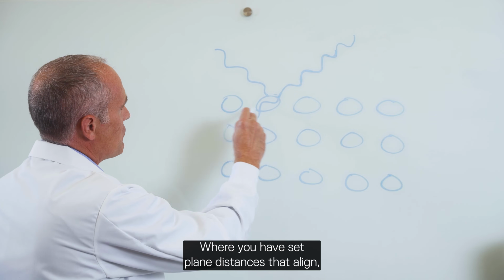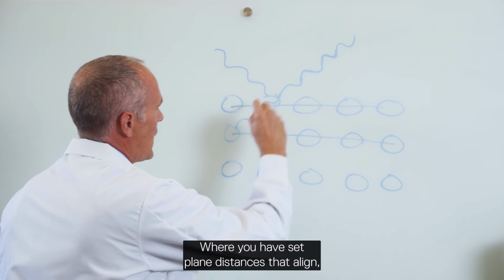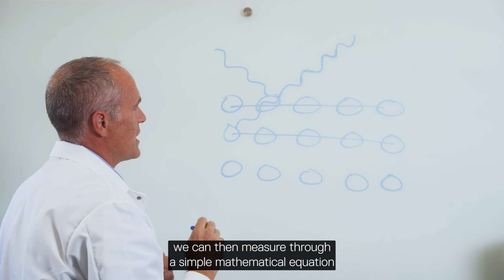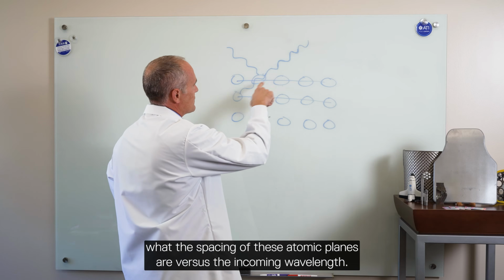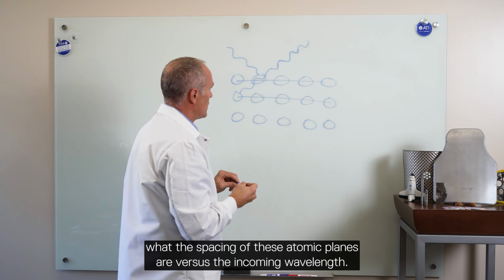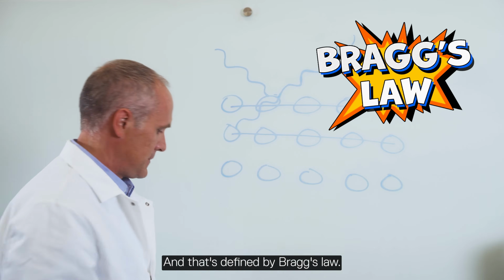So where you have set plane distances that align, we can then measure through a simple mathematical equation what the spacing of these atomic planes are versus the incoming wavelength. And that's defined by Bragg's law.